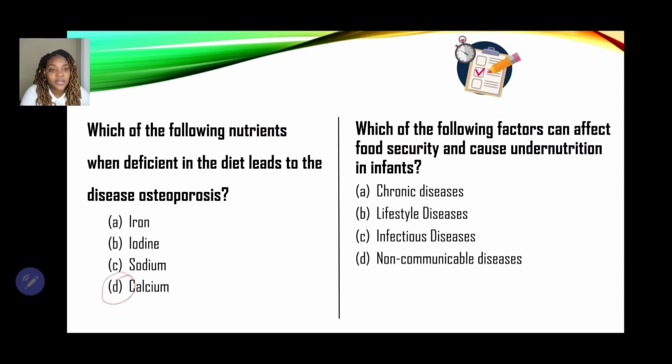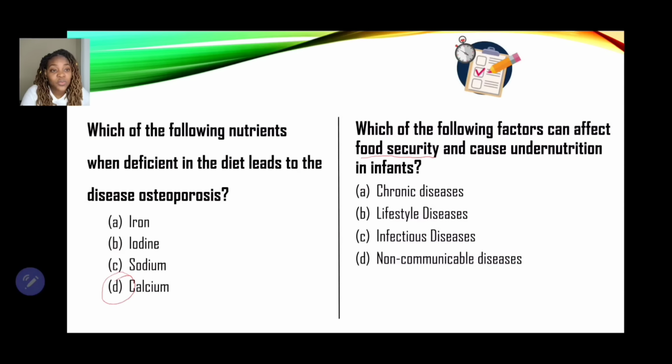All right, next question. Which of the following factors can affect food security and cause undernutrition in infants? Now, when we speak of food security, guys, you remember what food security is? It is when all persons, when everyone at all times, have access to clean, adequate, and nutritious foods, right?